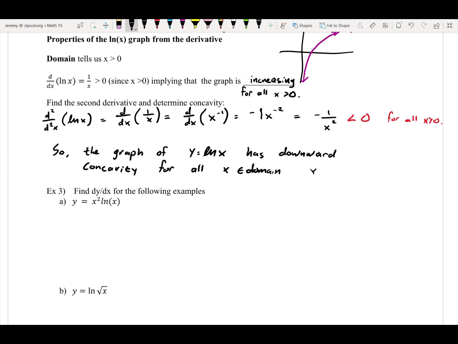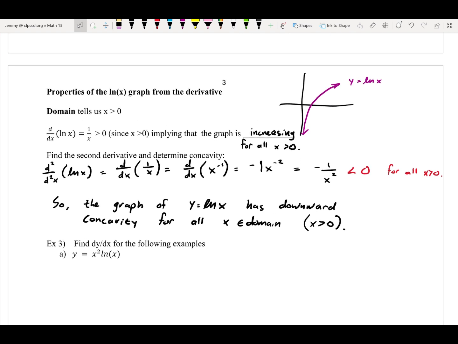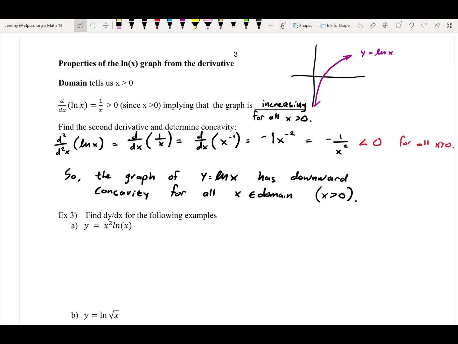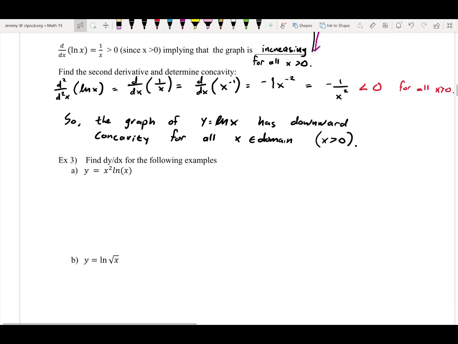That is all x greater than 0. Okay? And again, I believe this. Looking at the graph, knowing this graph well, it does have that sort of downward concavity across the entire graph. All right, so just making some formal observations about the behavior of the graph of the natural log of x, which we can now do since we can take derivatives of the natural log.